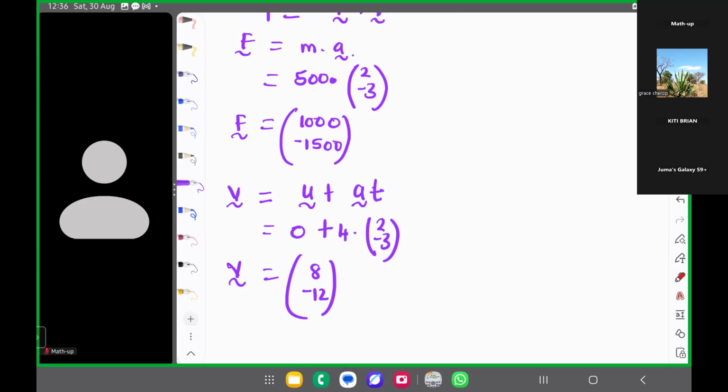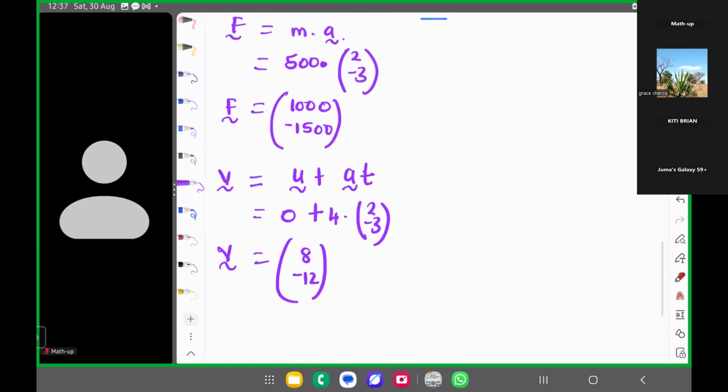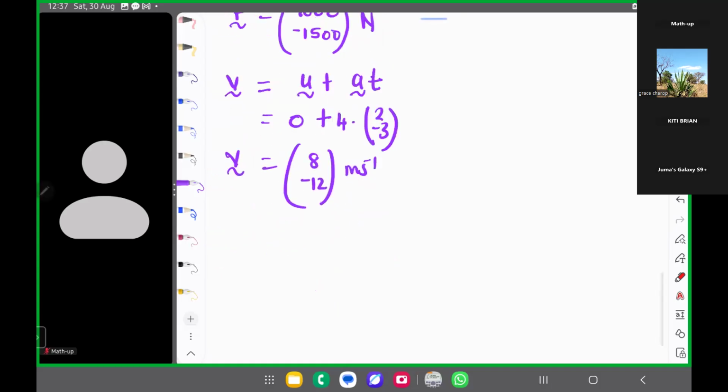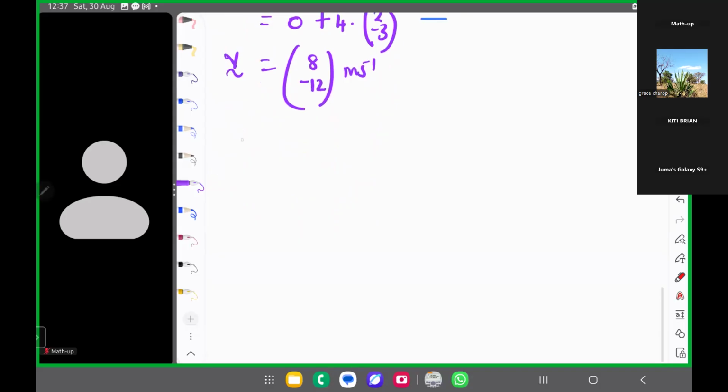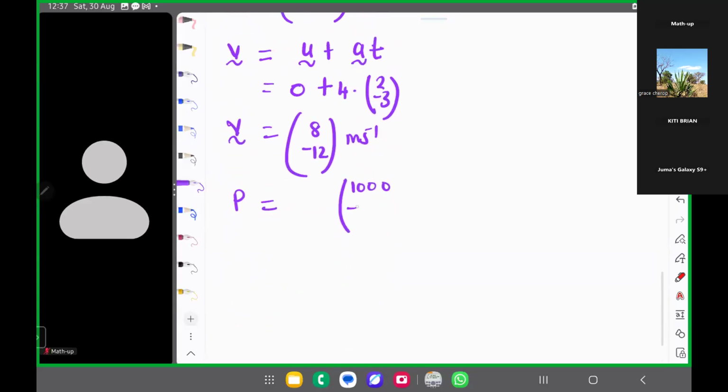So we have our force and we have our velocity, which means that we can get the power using those two, since power is the dot product of the force and the velocity. Of course, the force is in newtons and the velocity is in meters per second. So our power will be equal to the dot product of the force, which is 1000, negative 1500, dot the velocity, which is 8, negative 12.